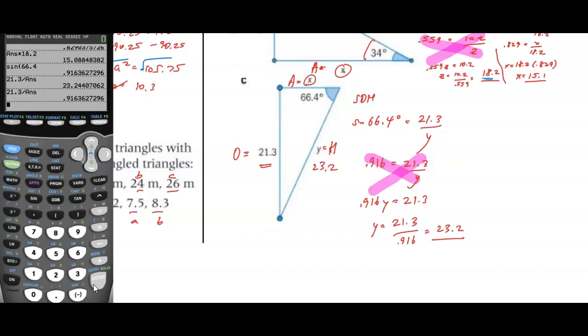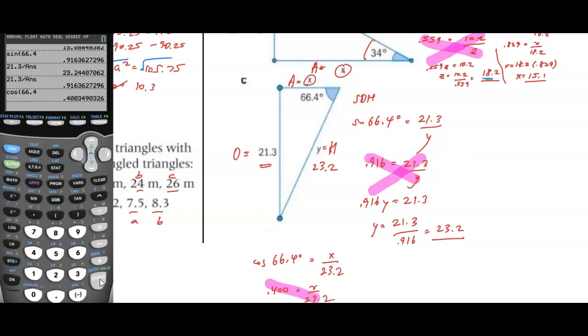Let's find x now. Since we want the adjacent, we can find it using cosine. Cosine of 66.4 degrees is equal to adjacent, which is x, divided by the hypotenuse, 23.2. Cosine of 66.4, let's use the calculator. 0.400.